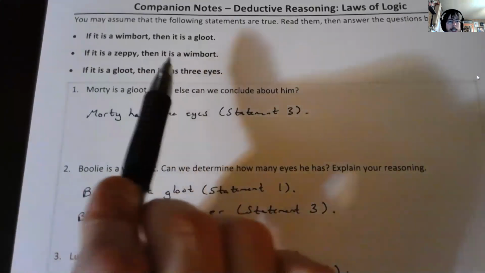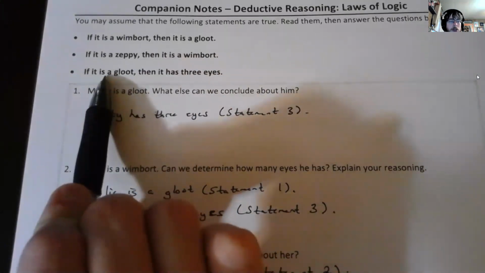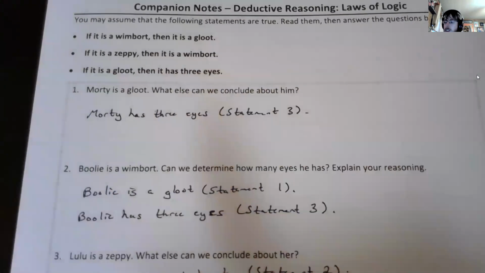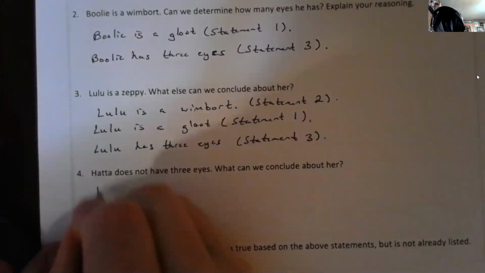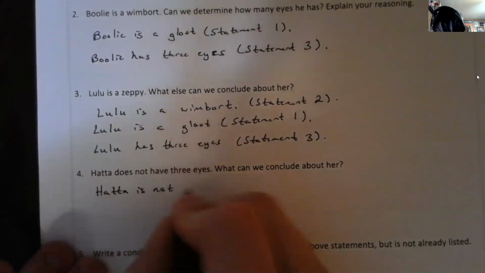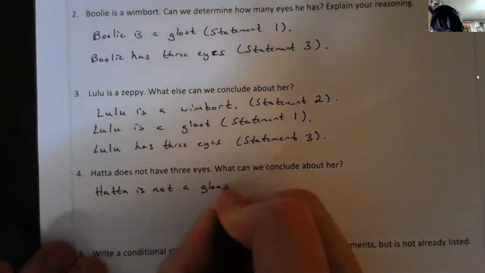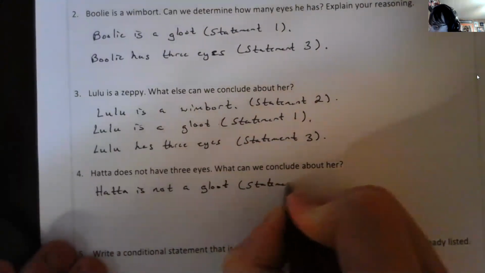Well, if Hatta does not have 3 eyes, could we say that she's not a glute? And the answer is yes, we could say she's not a glute. So Hatta is not a glute. That would be because of statement 3.